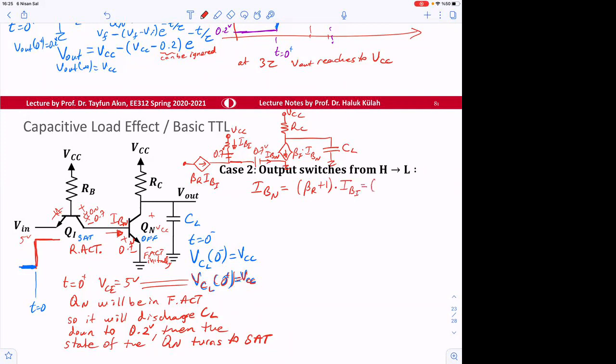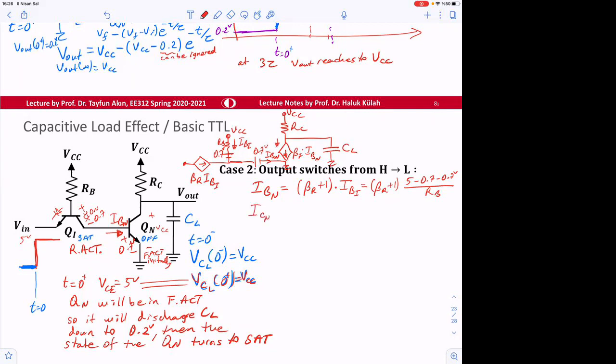It's going to be beta R plus 1 times I base of I is equal to 5 volt minus 0.7 volt minus 0.7 volt divided by RB. Okay, so we can find this current, and if I multiply this current by beta forward, it's going to be this current, okay?